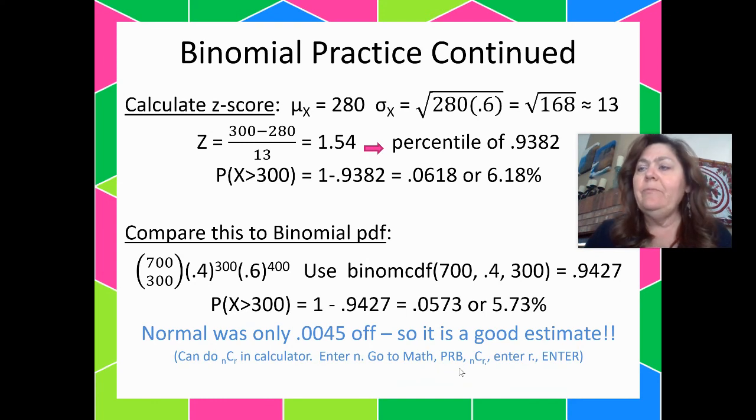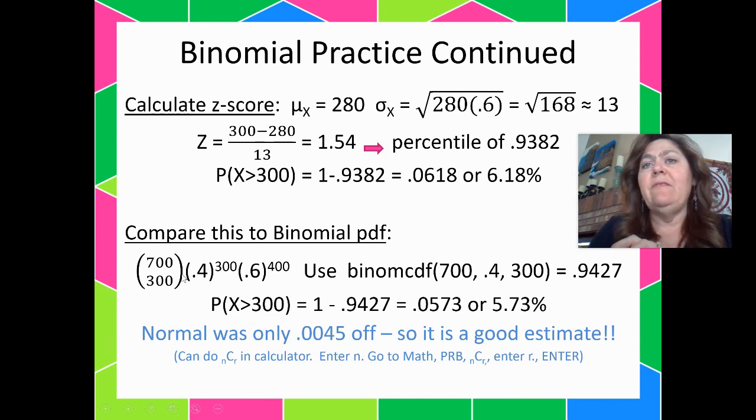I also put in here a reminder that you can do your combinations, if you're doing this formula, in your calculator using the nCr command. If you go to math, probability, and then choose nCr, what you have to do first is enter your N before you do that.